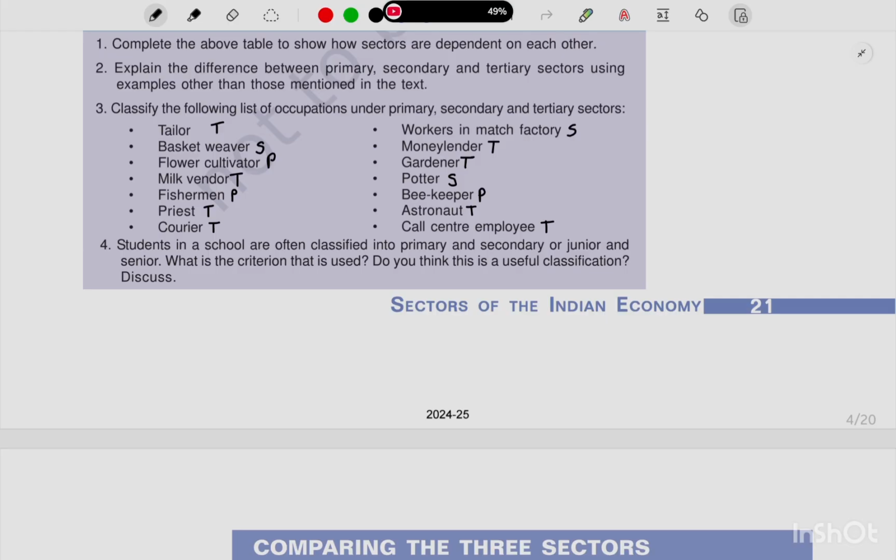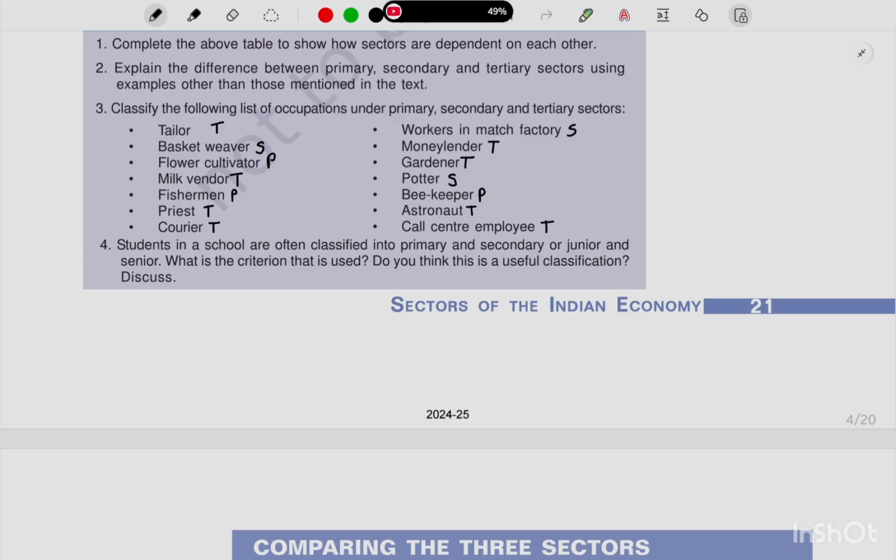I don't think this is a useful classification, because I think that students must be classified into groups by their ability to study or think, because mostly people lose their chances for any exams or something like that, mostly due to the fact that they might be junior and the exam needs seniors to write it.